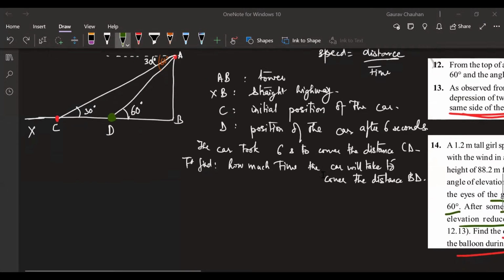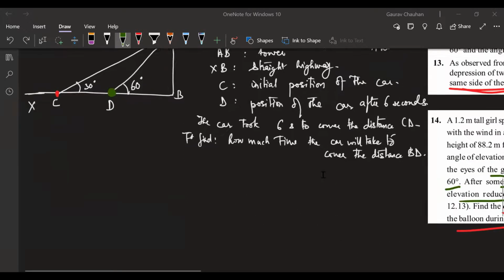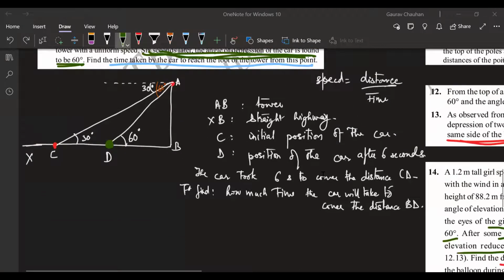Okay, so now I know that this is 6 seconds. That's all I know. I don't know any distance exactly here, right? So let's think about it.